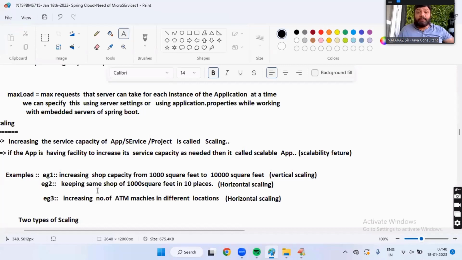Now, instead of increasing the shop size in one place, you decided to open 10 shops of the same 1,000 square feet size in 10 different places. This is called horizontal scaling, boss. I hope you got the difference between vertical scaling and horizontal scaling.